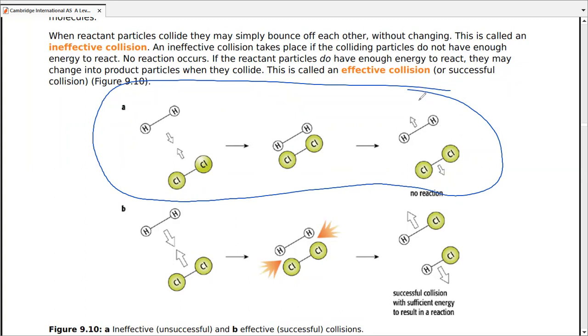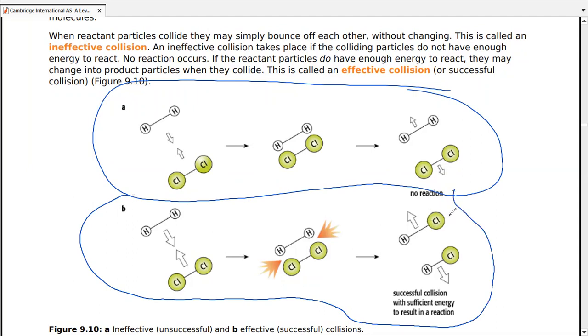Vice versa, if the collision is effective, that is the one in which the reactants are converted into products. So effective collision is the one shown in B. This means that the combined energy of both of these molecules was either greater than or equal to the activation energy.